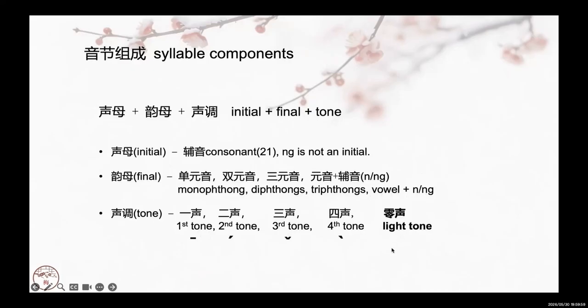We don't mark anything as the tone, which means it's lighter. The way we pronounce it is lighter than any of these 4 normal or standard tones. So remember, we don't mark anything for the light tone.